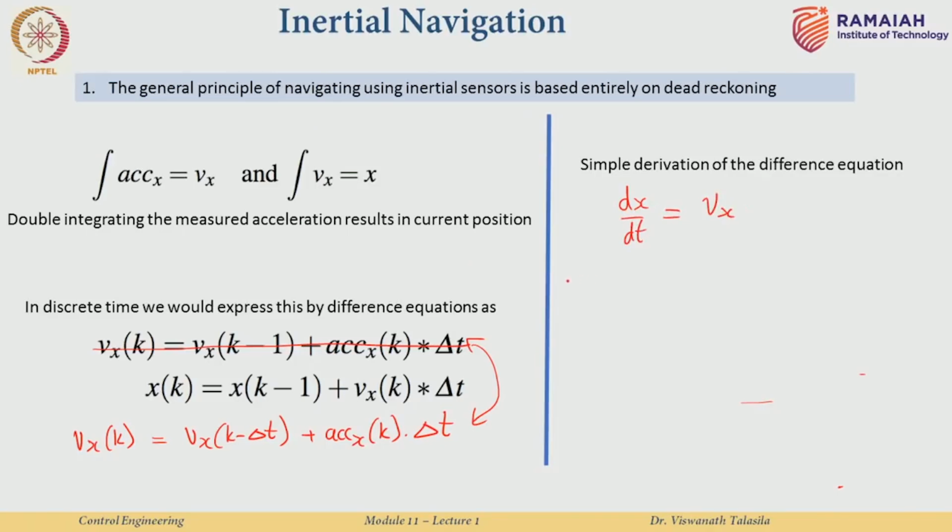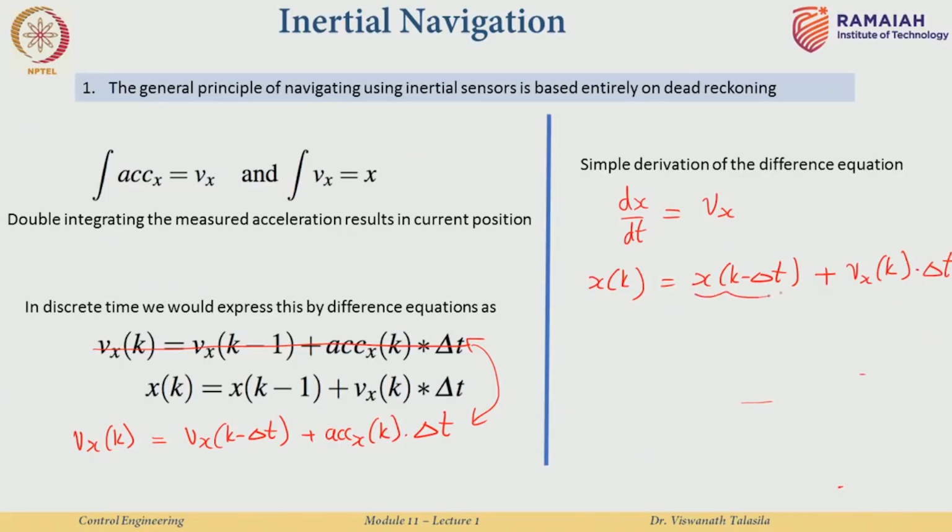So, in the notation of k, it says x(k) is nothing but x(k − Δt), the previous computed position, plus the current velocity which I have computed from integrating the acceleration before, times Δt.